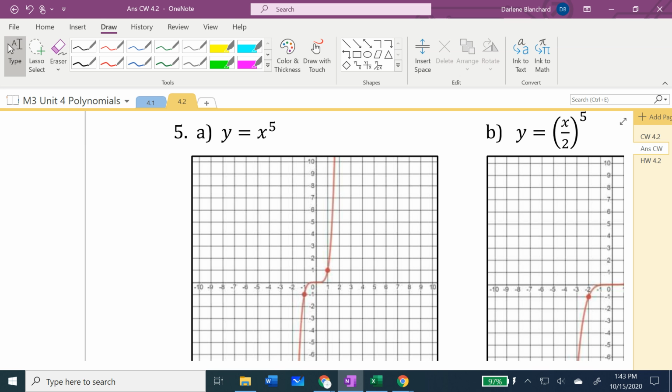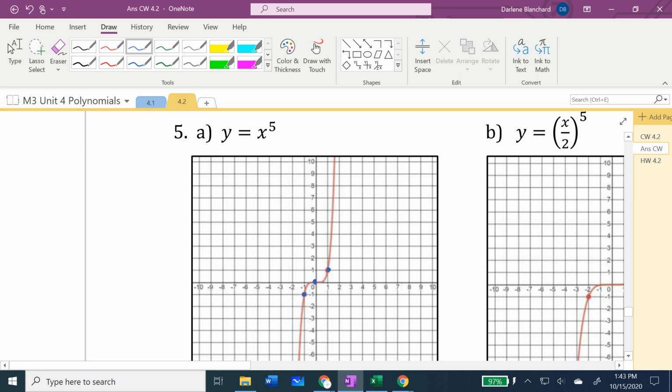When you draw them, you're showing that you understand their nature, because you want to learn what to expect out of certain functions. What should they be looking like? And the computer can draw them for you, but you need to be aware. So draw just a boxy, squishy x to the 5th that goes through these 3 points.